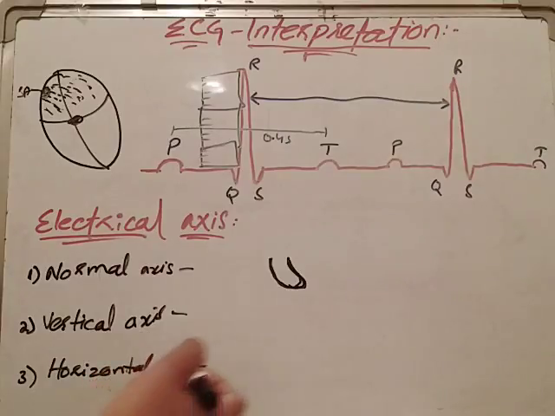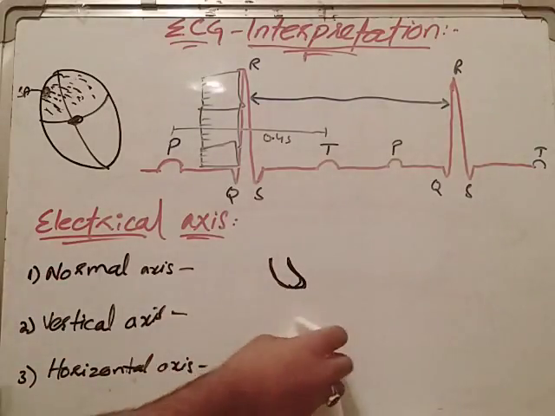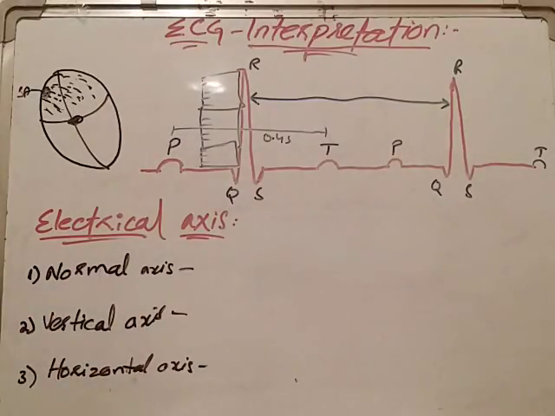In the hypersthenic person, who is fat, the heart is placed more horizontally in the middle mediastinum. So we can identify the orientation of the heart by using electrical phenomena.